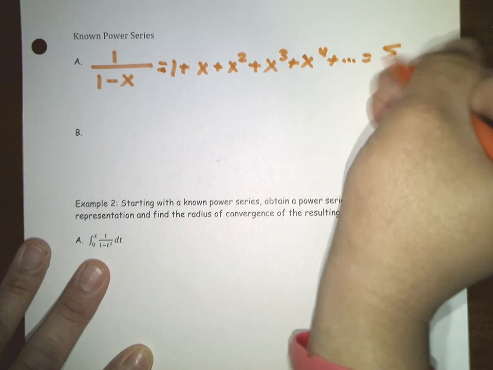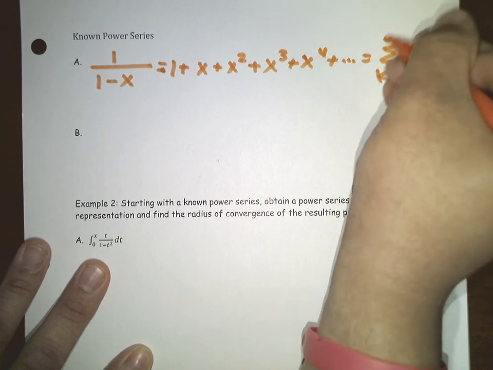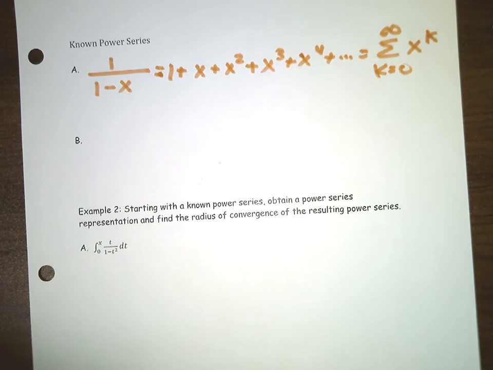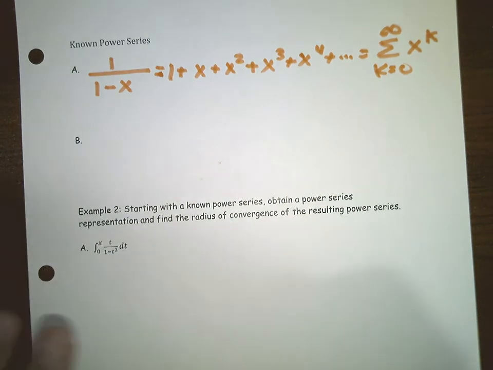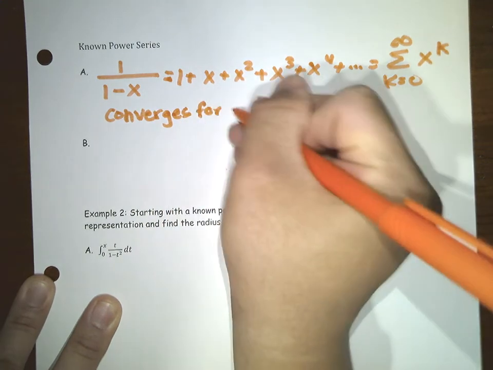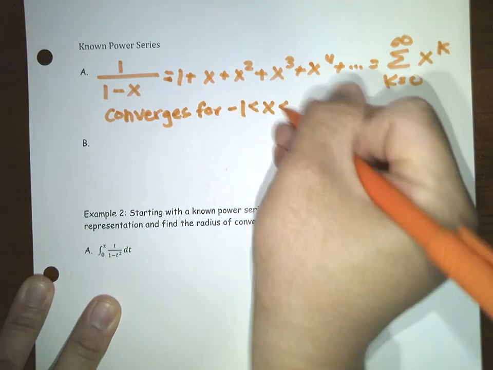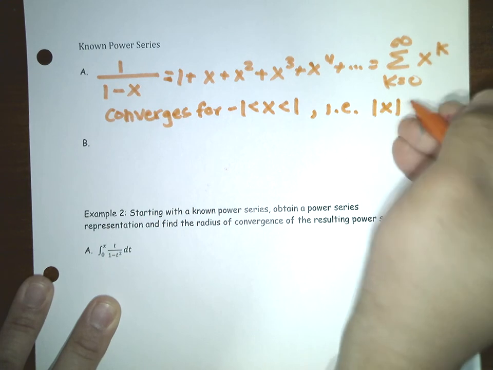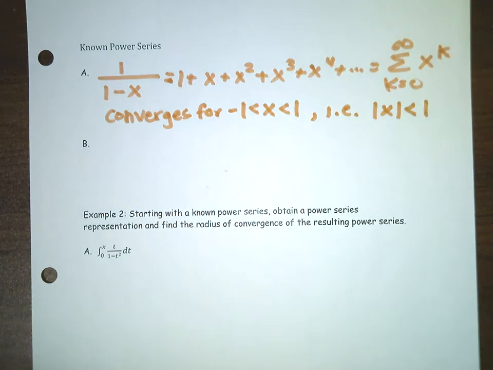So that's the sum k equals 0 to infinity of x to the k power. And this actually converges for -1 less than x less than 1, in other words, for the absolute value of x less than 1.